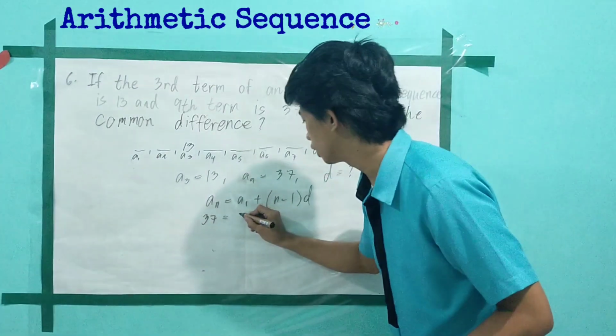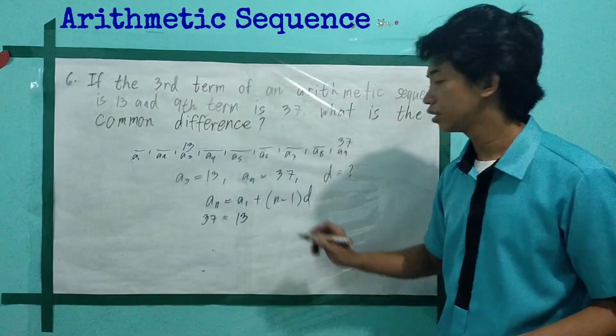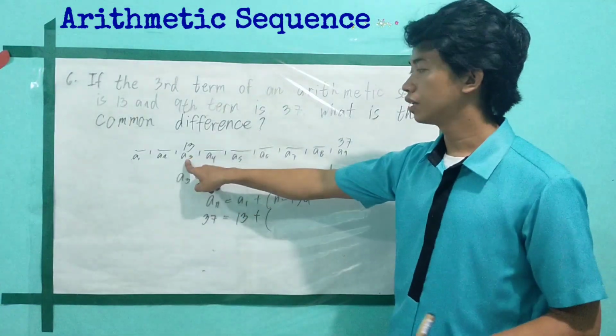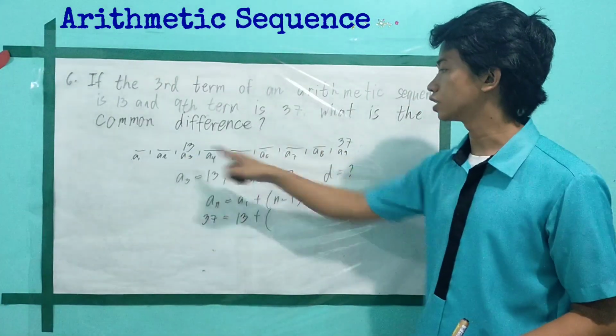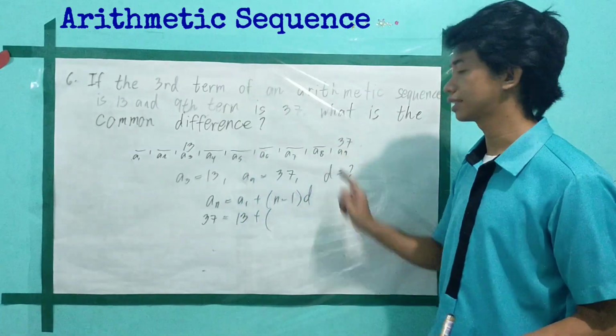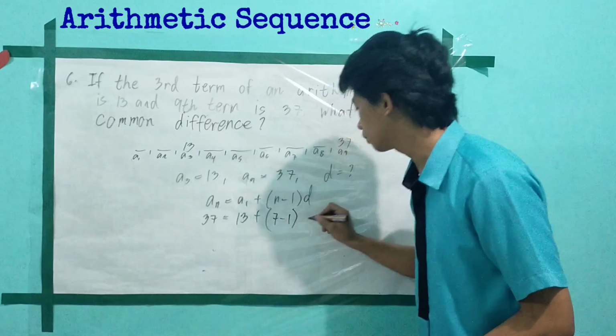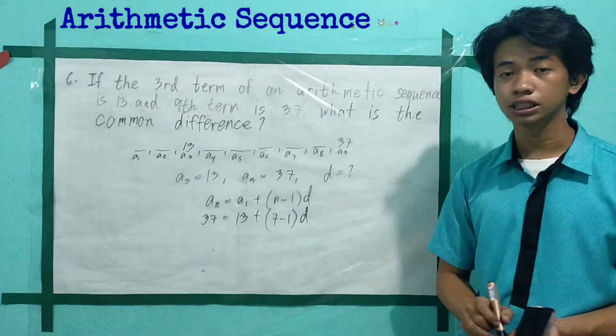So, ibig sabihin, we have 13 plus, ilang terms from a sub 3 to a sub 9? So, 1, 2, 3, 4, 5, 6, 7. So, ibig sabihin, number of terms natin is 7 less 1 multiplied to the common difference.